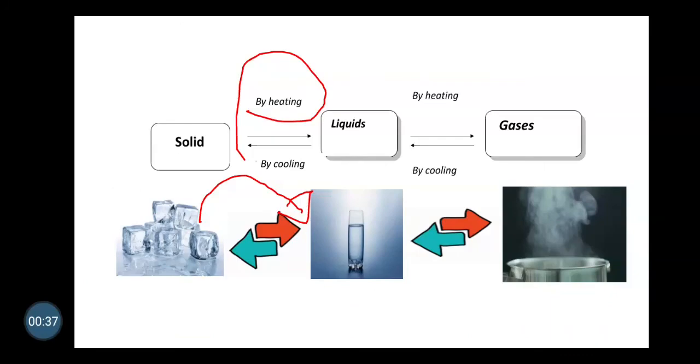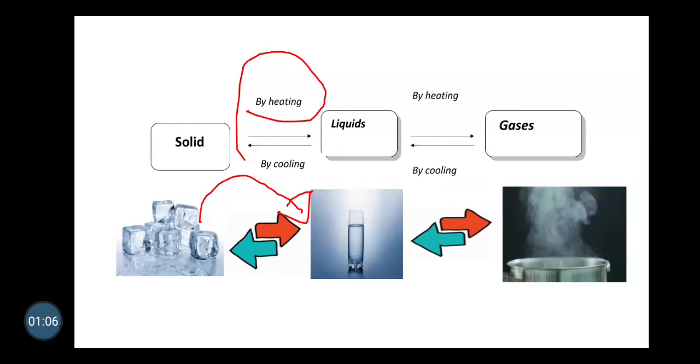Let's learn what the changes of the state of matter are. You know that matter is present in only one state at normal room temperature, but it can change from one state to another by increasing or decreasing the temperature. We will do an experiment.